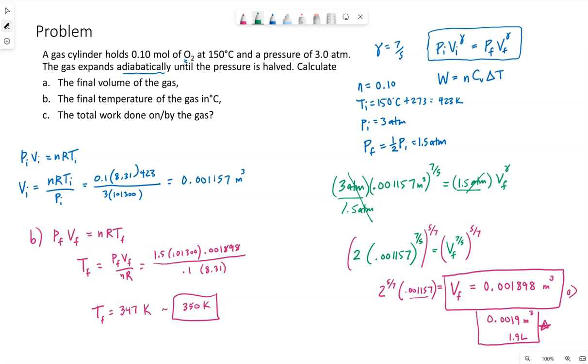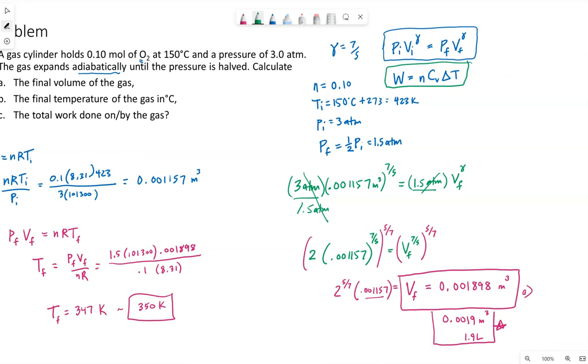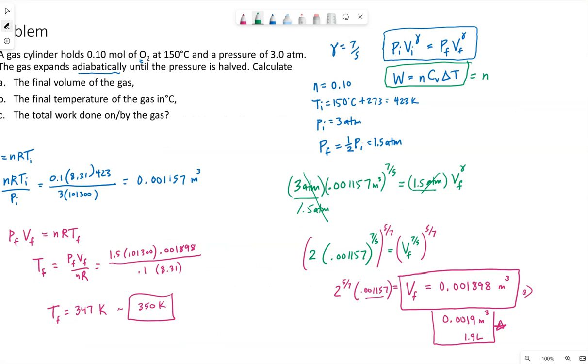Finally, the work. We have the equation for work up here, nCV delta T. We have n. CV, we come back to the notes. This time we have diatomic. Oops, that's the wrong slide. So diatomic, we end up with 5/2 R for CV.